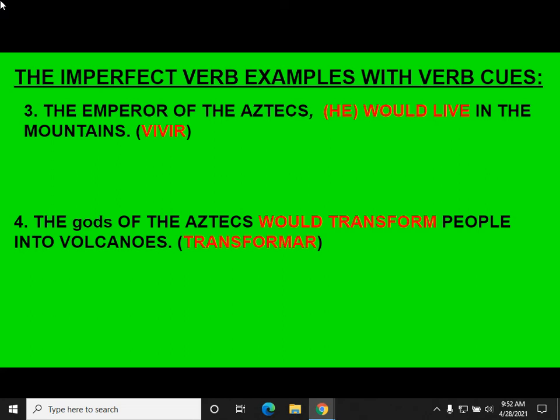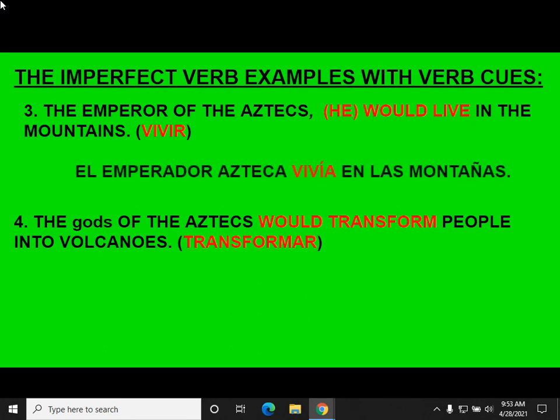Emperador de los, what's an Aztec? Azteca. El emperador de los aztecas. So he would live. So this is the verb vivir. So what's the he form of vivir? Vivía, very good. Vivía en las montañas. El emperador azteca vivía en las montañas.